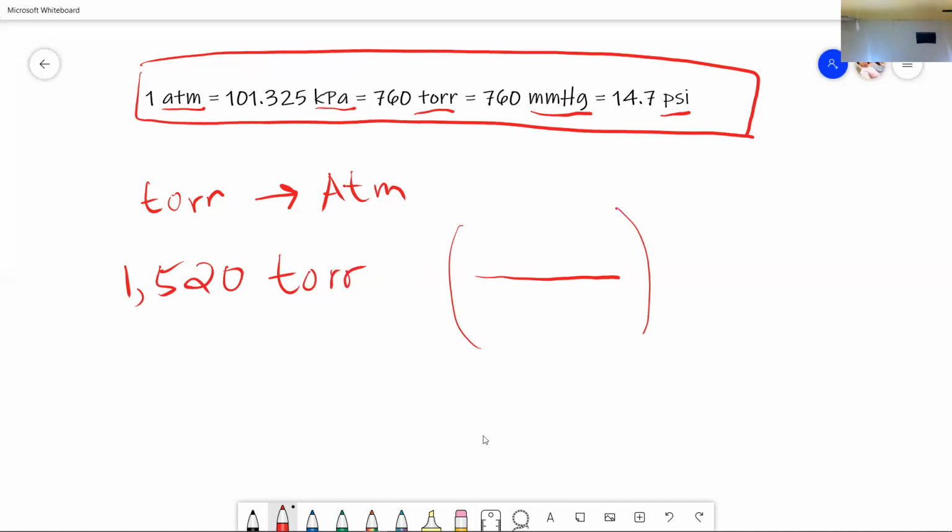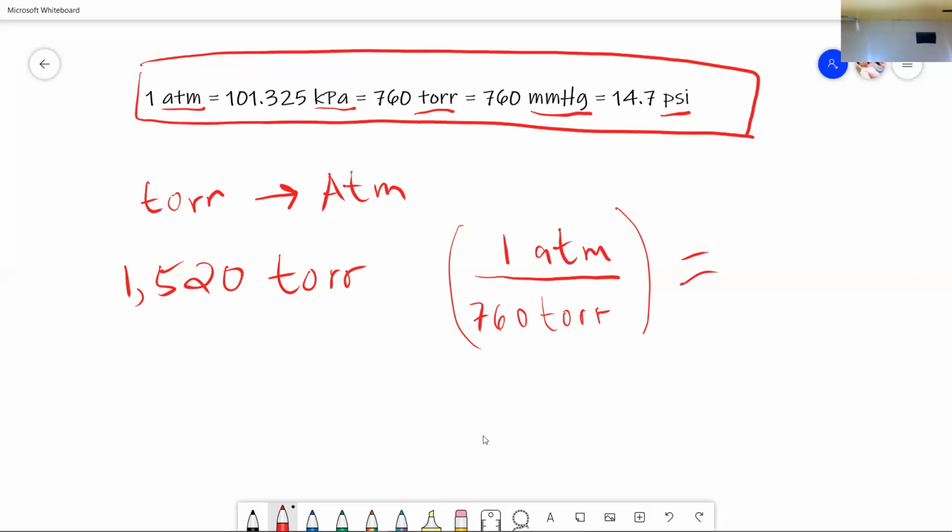In one ATM, there is 760 torr. Okay, so let's convert this.